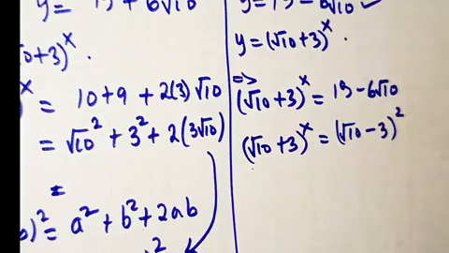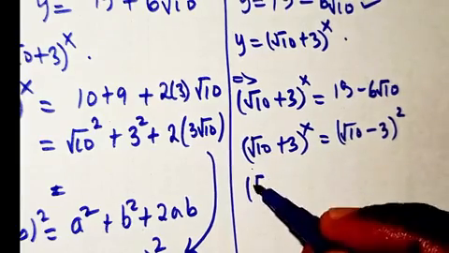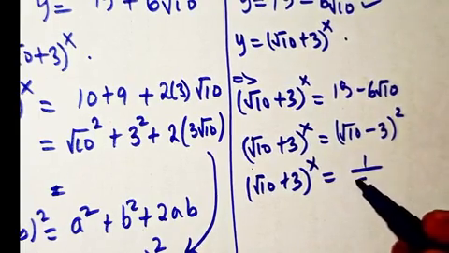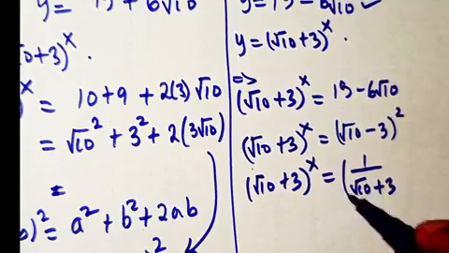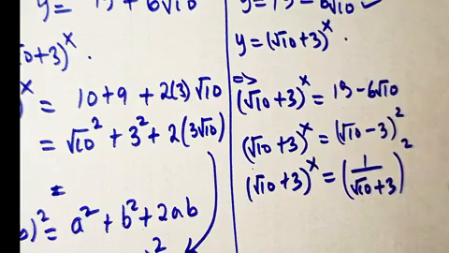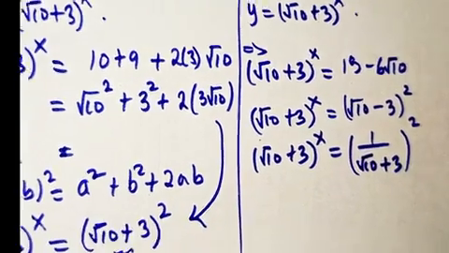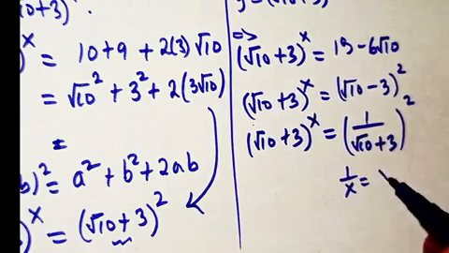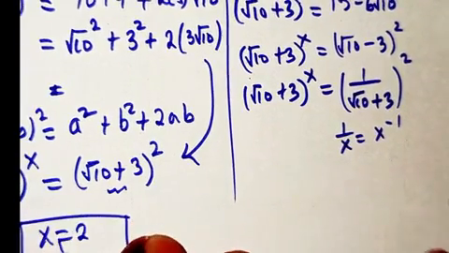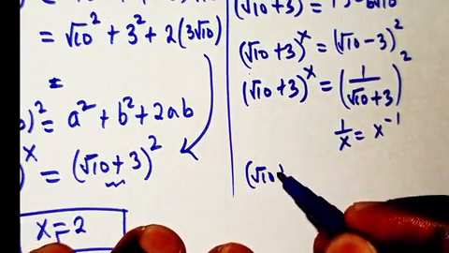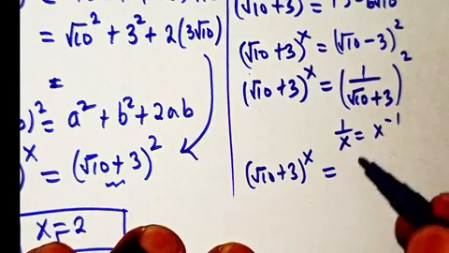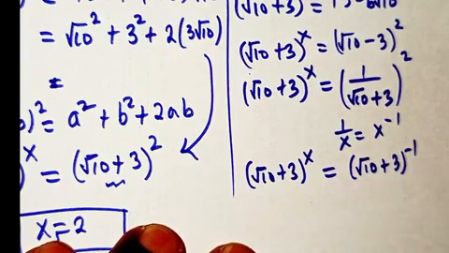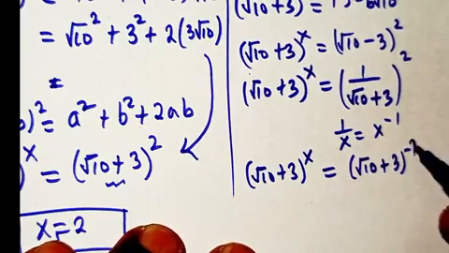So root 10 plus 3 to the power of x is going to be 1 over root 10 plus 3, then to the power of 2. Now we can rewrite 1 over s as s to the power of minus 1, if you recall. So this is root 10 plus 3 all to the power of x equals root 10 plus 3 to the power of minus 2. Sorry, we have 2 here, so to the power of minus 2.